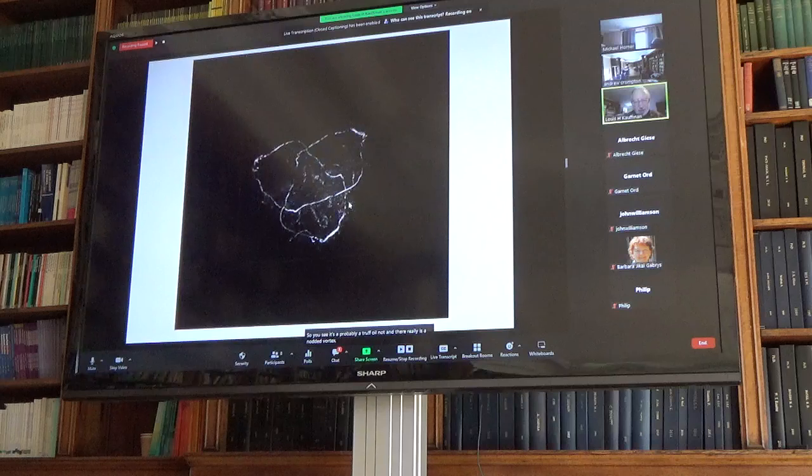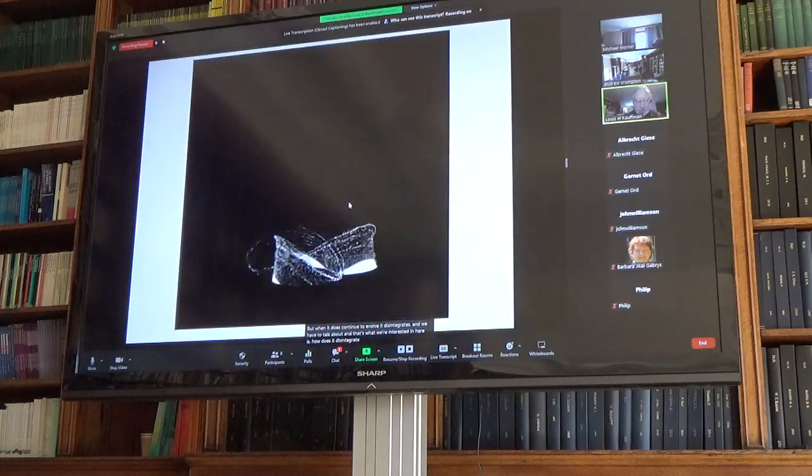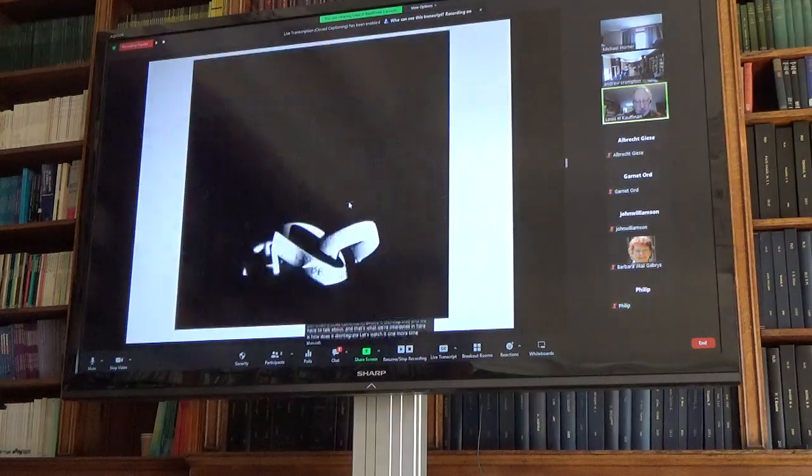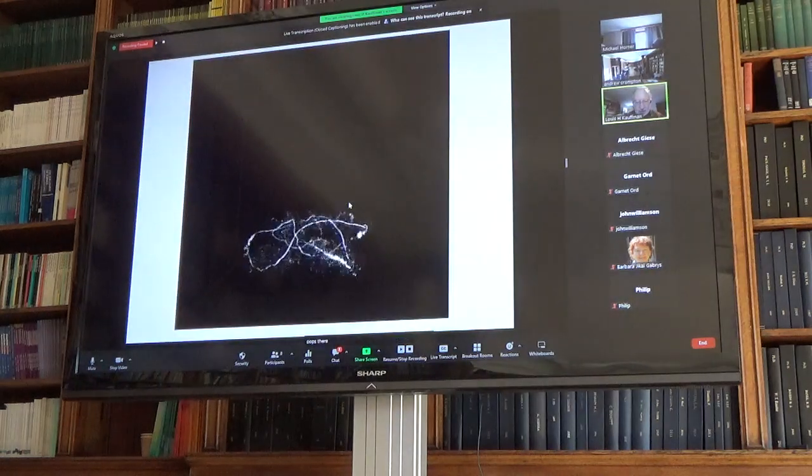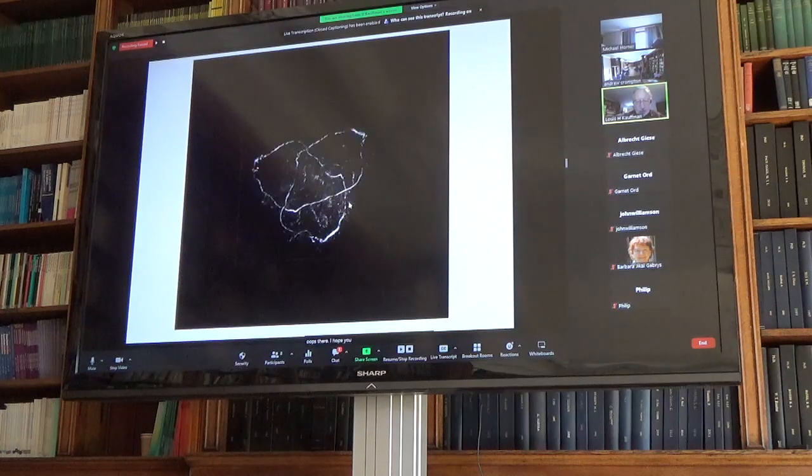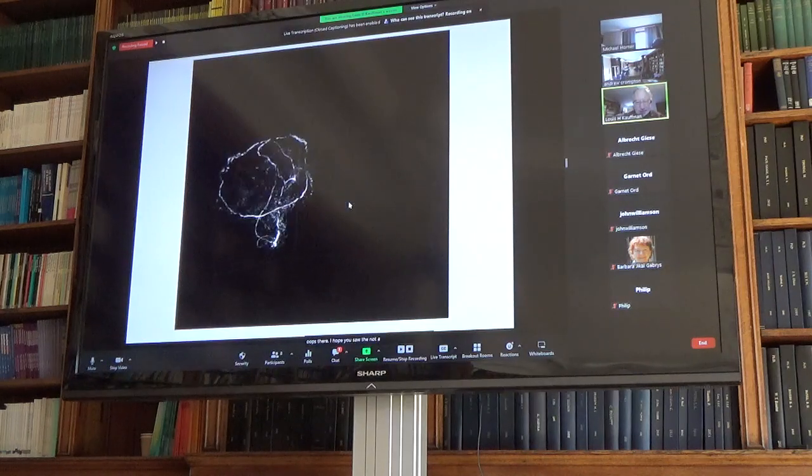I don't have a movie of it continuing to evolve, but when it does continue to evolve, it disintegrates, and that's what we're interested in here: how does it disintegrate? Let's watch it one more time, though. I hope you saw the knotted template at the bottom.